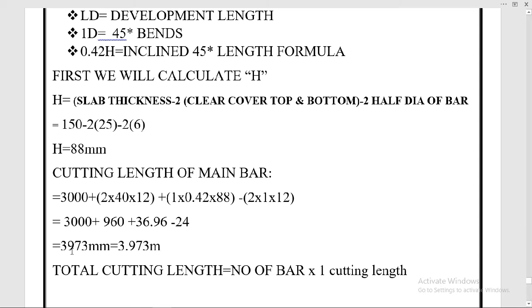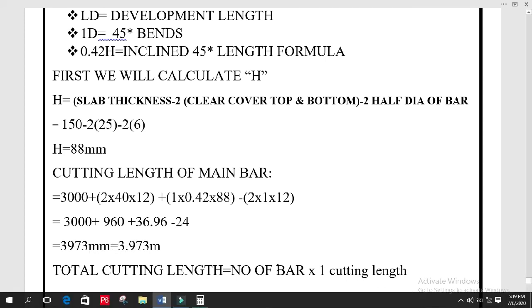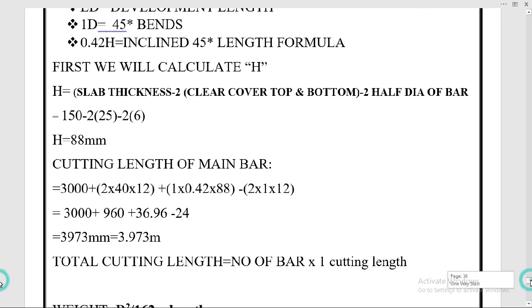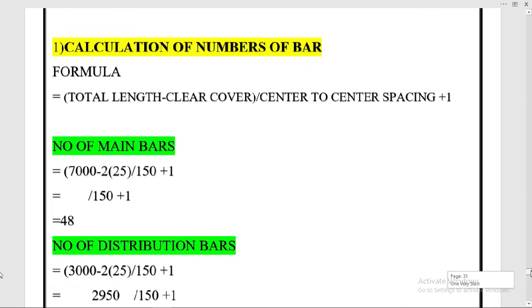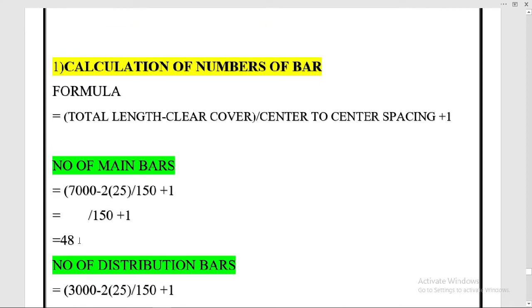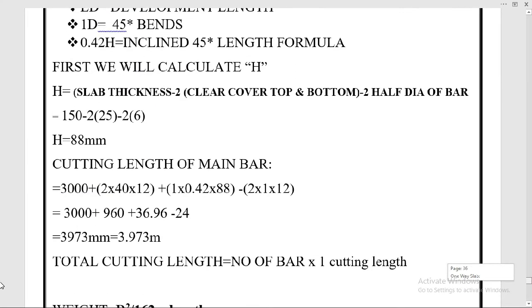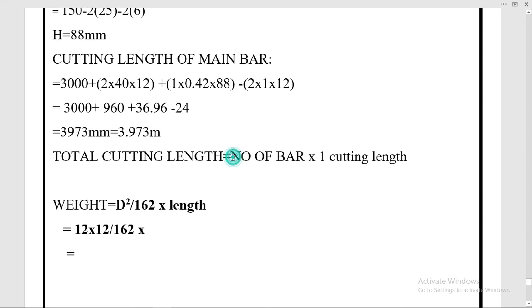We required the cutting length of one main bar. To calculate the total cutting length required for total number of bars, let's multiply with the number of main bars. Number of main bars we have is 48. So multiply 48 with the one cutting length, 3.973.